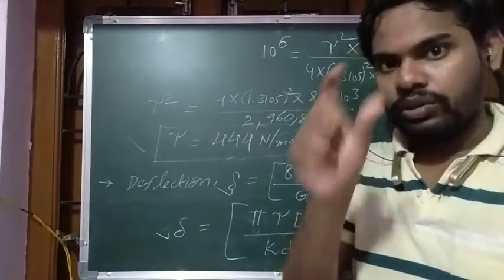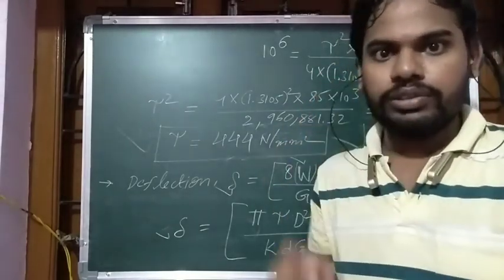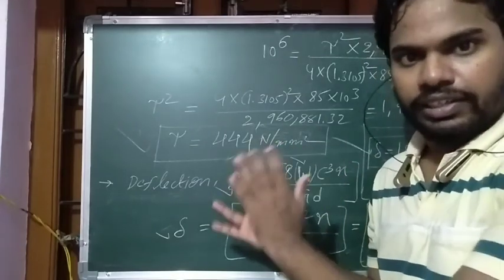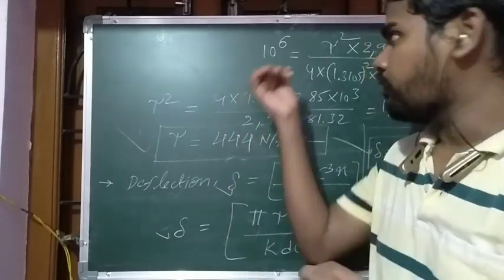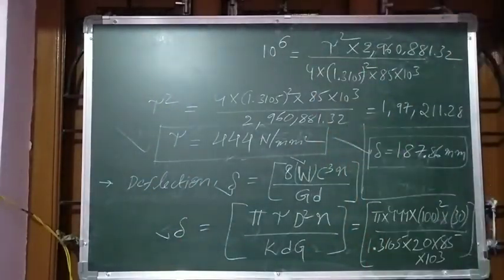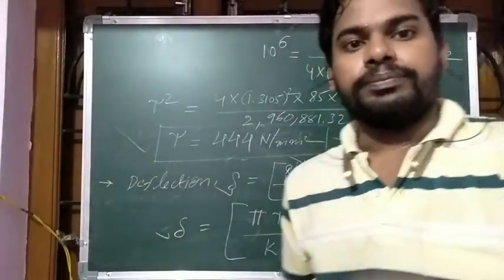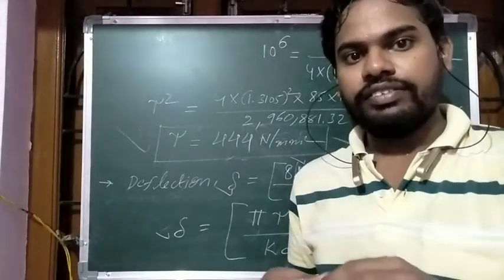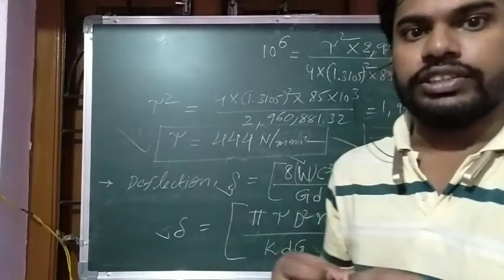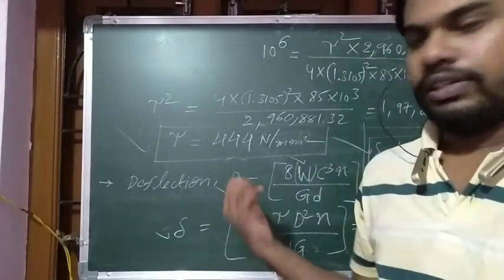If the question says the spring is used to absorb so many Newton meter of energy, you should recall this formula: U is equal to tau square by 4k square G into the volume of the spring. Use this relation to solve.